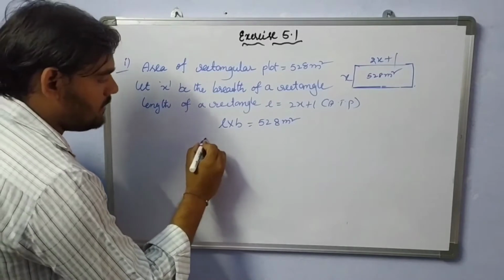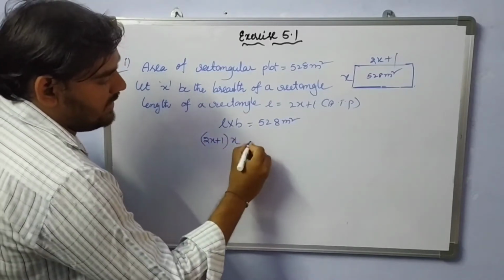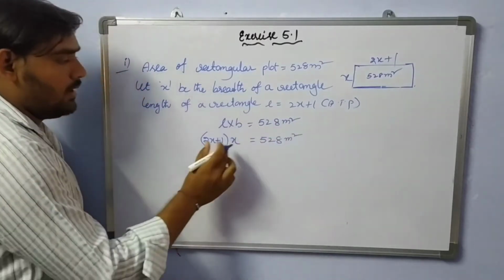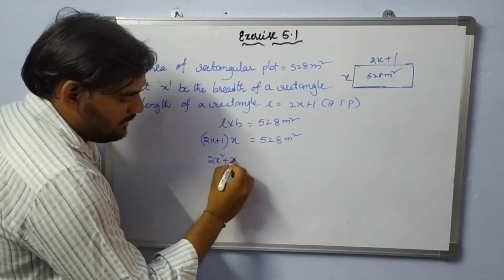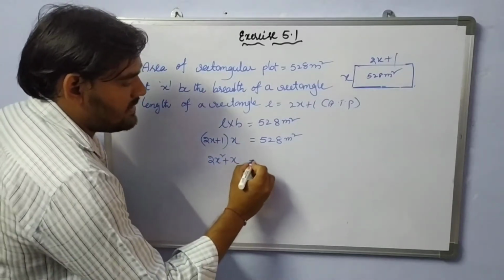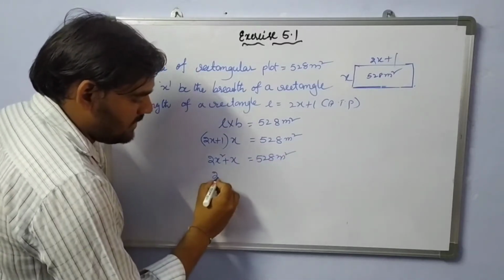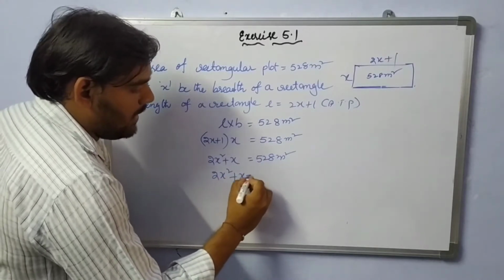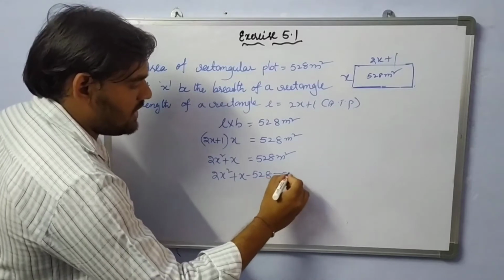L is 2x plus 1, breadth is x, so x into 2x plus 1 is equal to 528. You will get 2x square plus x is equal to 528. After that, 2x square plus x minus 528 is equal to 0.